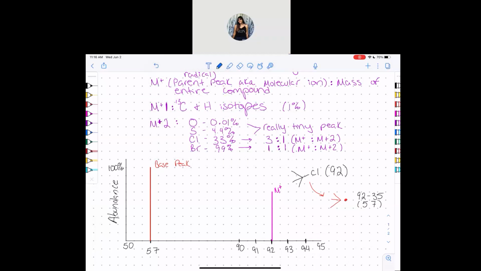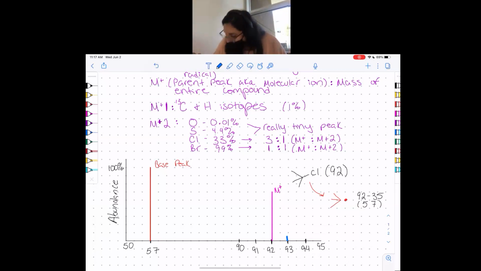In comparison, you don't have to give me an actual height. Does it get shorter? Exactly, it's going to be super, super tiny because it's 1% of the M plus. So we're going to make it like that. That's not actually 1%, but I still want you guys to be able to see it.